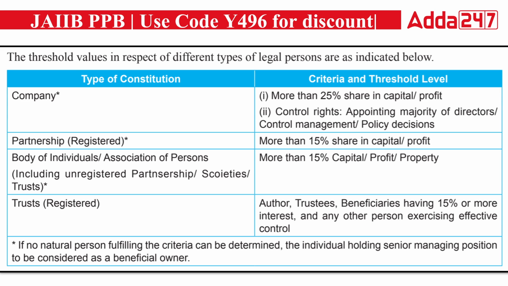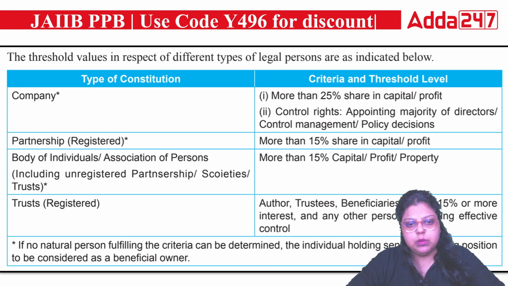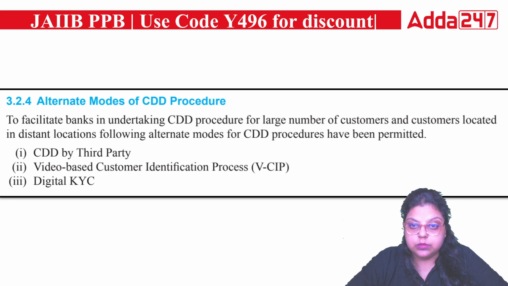Okay, the senior managing position will be applicable only if there is no natural person who fulfills the above conditions in case of the 4 categories. Then the natural person who is actually holding a senior managing position will be called a beneficial owner.